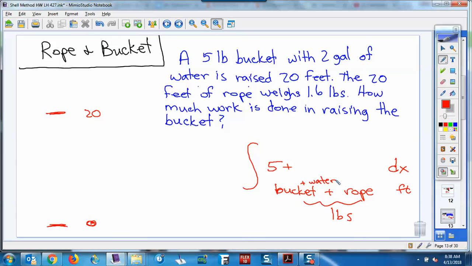Double check here. Must be a nerve problem, so that's okay. So 2 gallons of water, so this weighs 62.5 pounds per, that's not gallons.